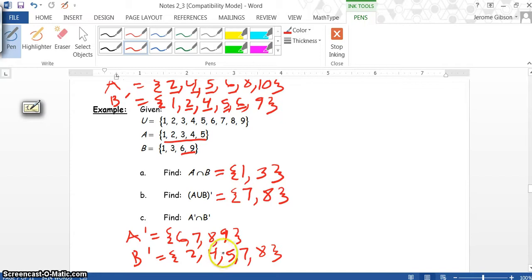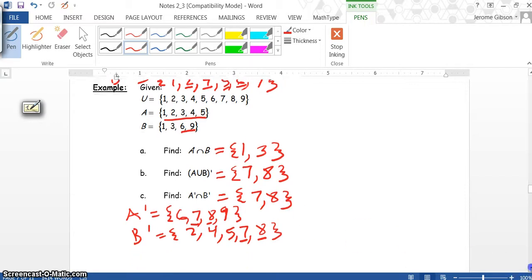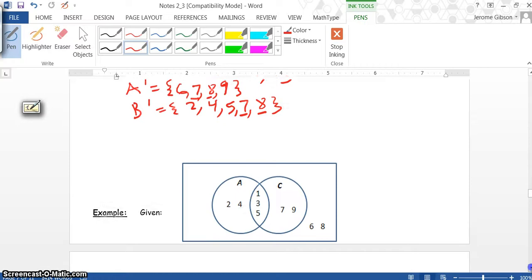Now we want to intersect these. They only have 2 values that are the same, which are 7 and 8. So our answer here would be 7 and 8. And that is it for that example.